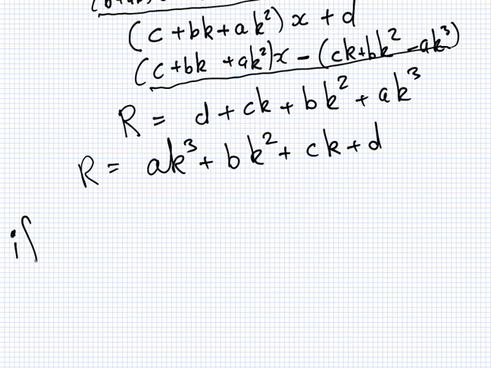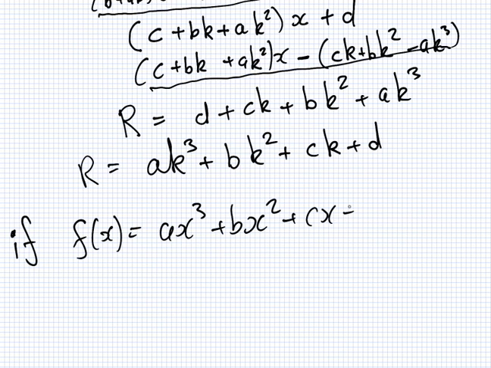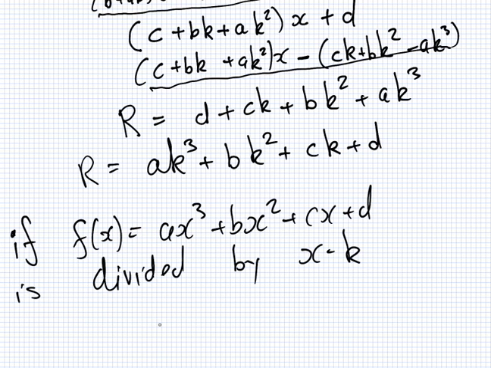So here's the result. If f(x) equals ax cubed plus bx squared plus cx plus d is divided by x minus k, the remainder is equal to f(k).